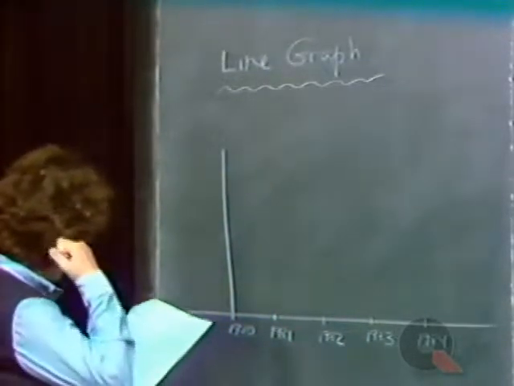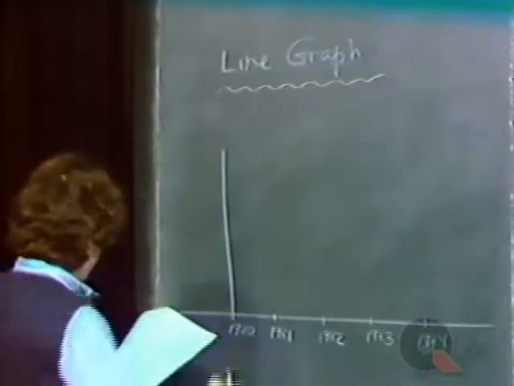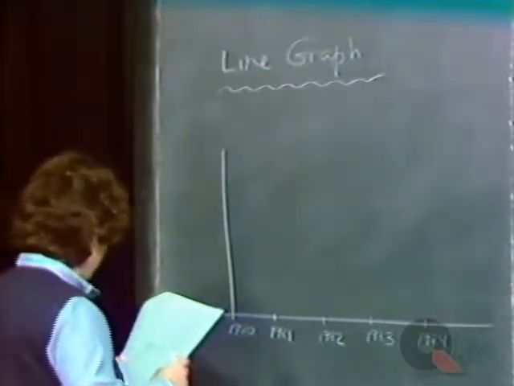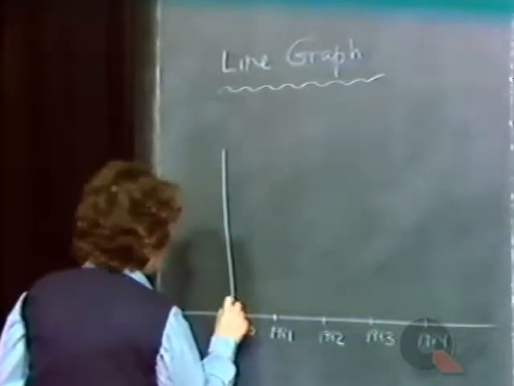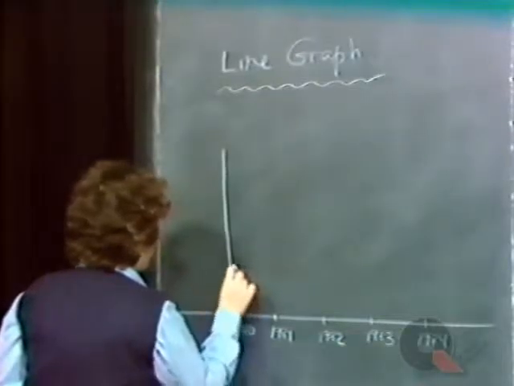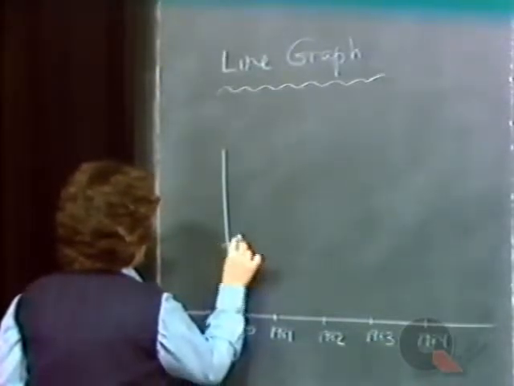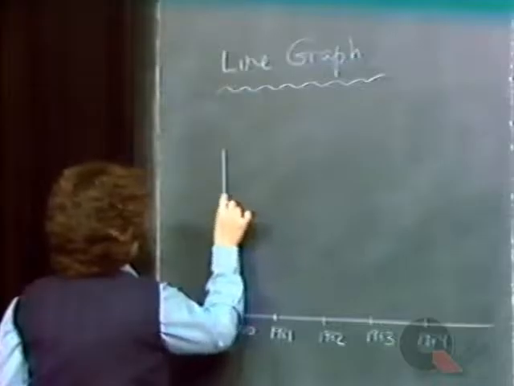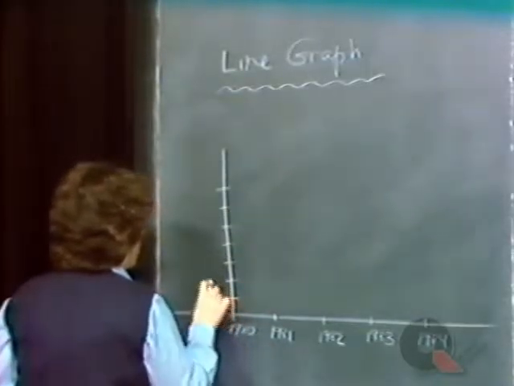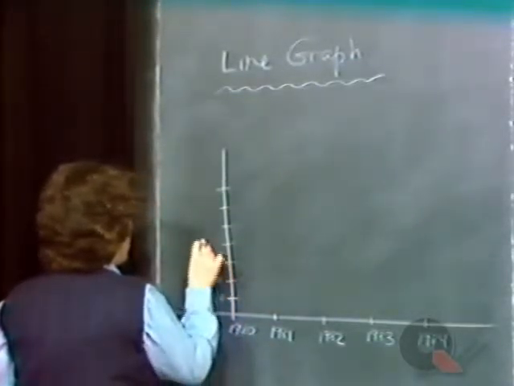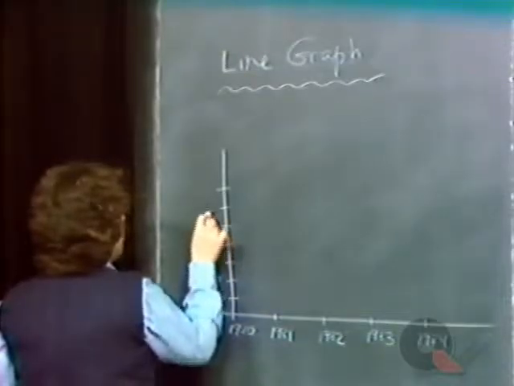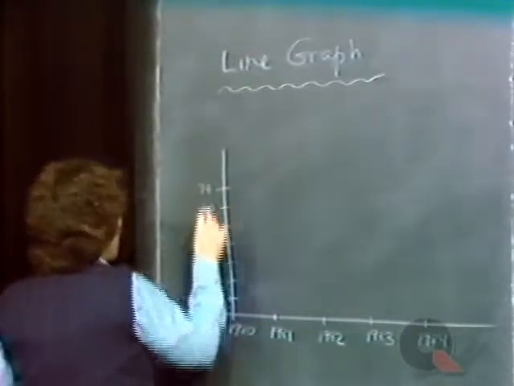All right, and on this line I'm going to mark off the following numbers: $10, $20, $30, $40, $50, $60, $70.